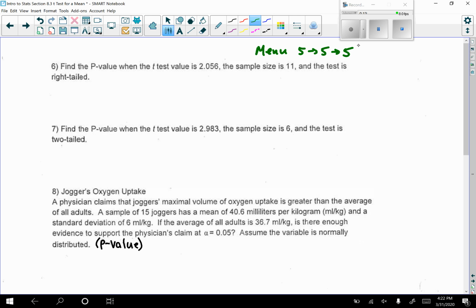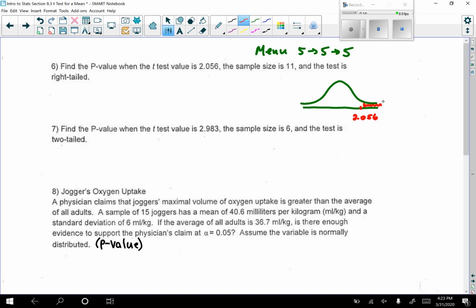So when you guys go into menu 555, because this is a right-tailed test, this is telling us that our test value here is 2.056. So we're looking at this area over here is what we're going to find.